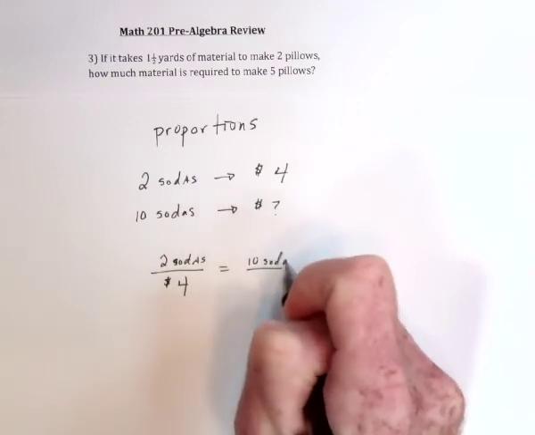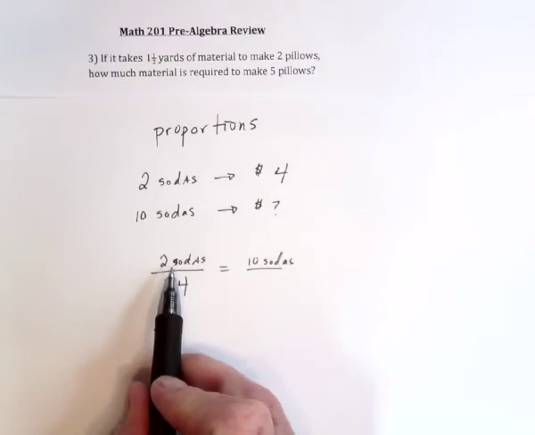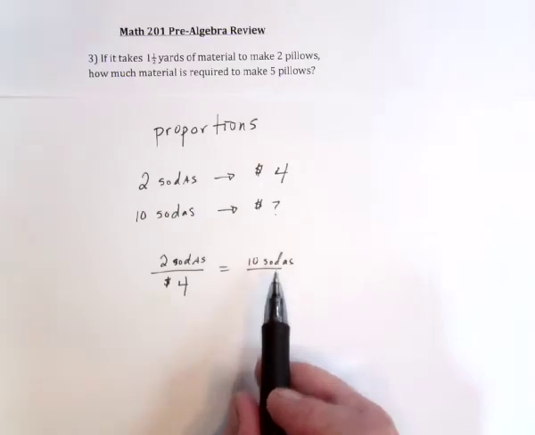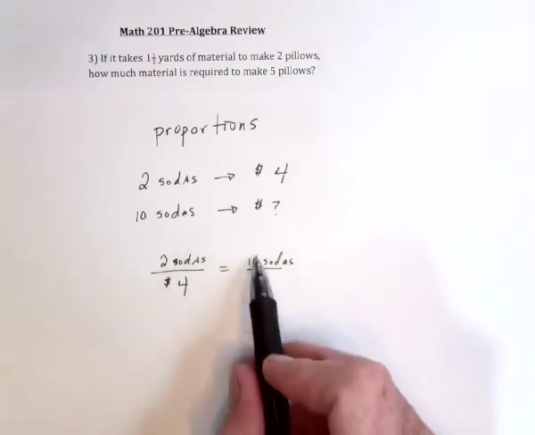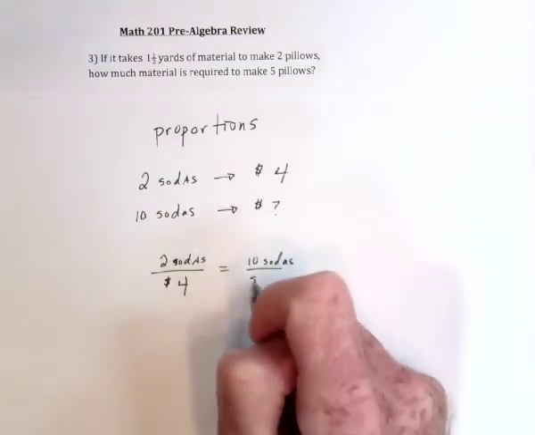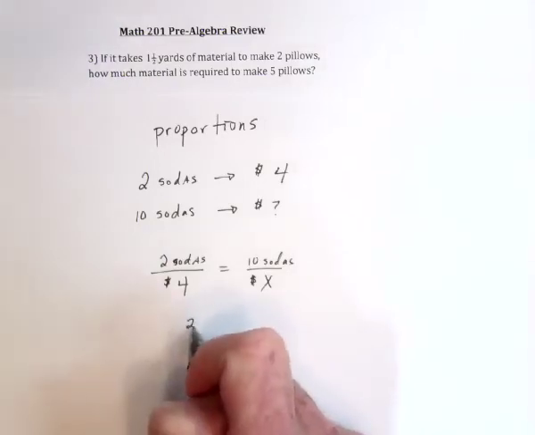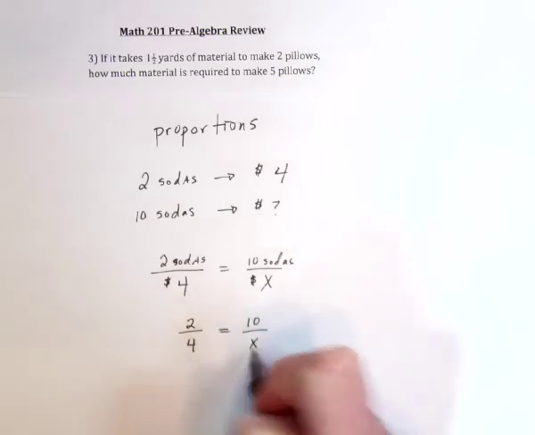So this equal is basically saying from the time that this happened until the time that this happened, the price of sodas did not change. So it's going to be proportional. If 2 of them cost $4, 10 of them will cost X dollars. Or if I take the words away and simplify it, it's just 2 over 4 equals 10 over X.